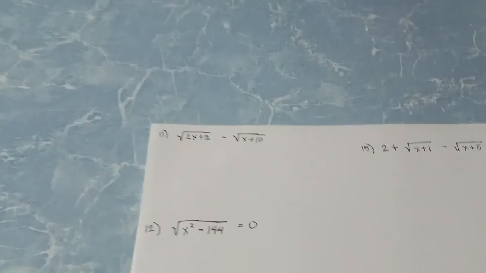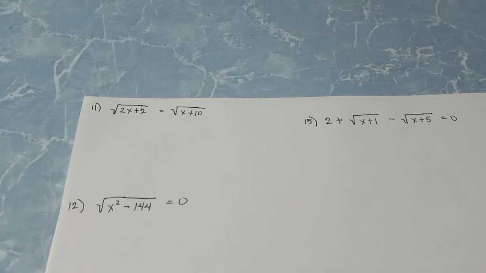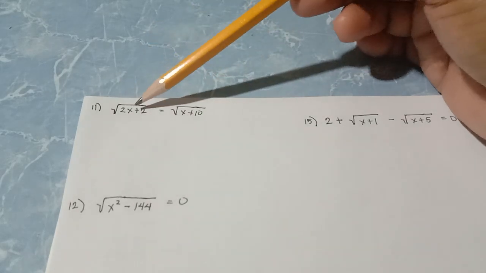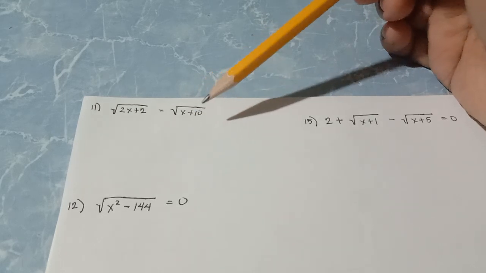So, number 11. Okay. So, in number 11, so, nandito na. So, binomial na, then parehas pang nasa loob ng radical sign. So, the square root of 2x plus 2 is equal to the square root of x plus 10.